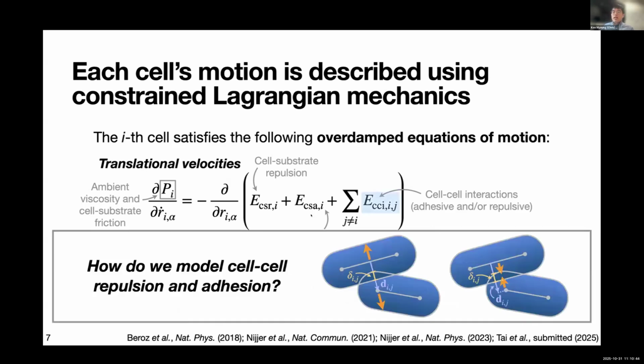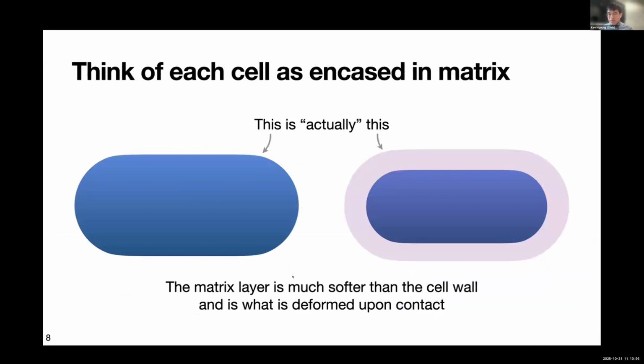Now I'm going to go into much more detail on how we model these cell-cell interaction forces, which is the new aspect of this model. How do we model cell-cell repulsion and adhesion? The first thing to keep in mind is that we should think of each cell as being encased in matrix, like this. So there is a soft coating of matrix around each cell.